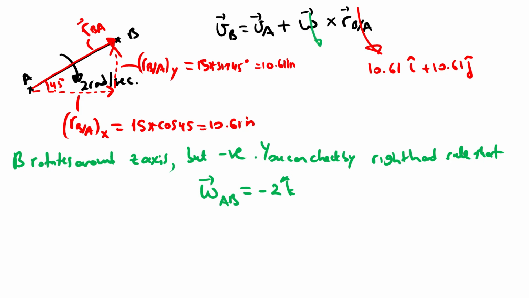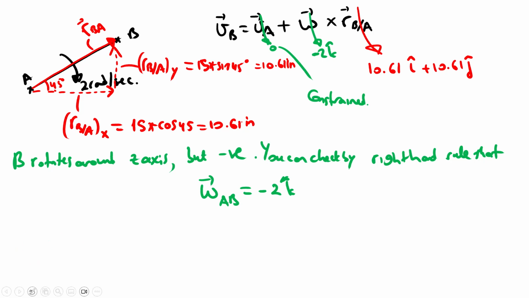And then velocity of A is 0, because A is constrained. And in that way we can find the velocity of the point B. So velocity of point B will be equal to negative 2 times, let's do it this way.